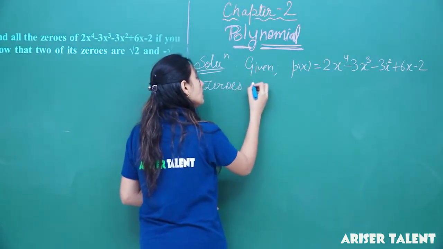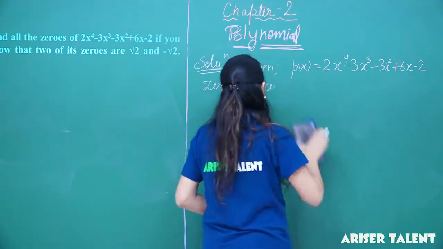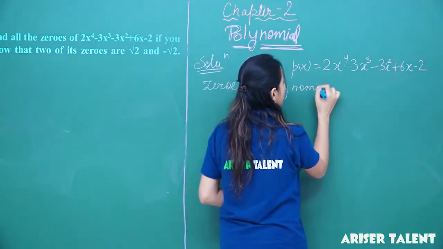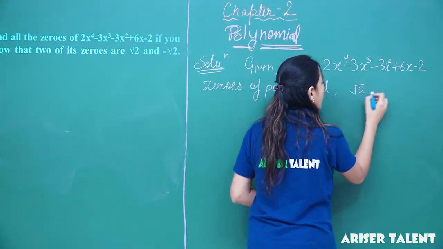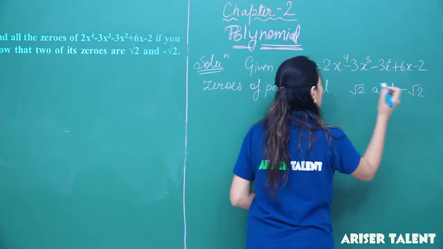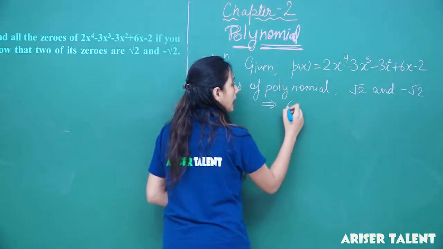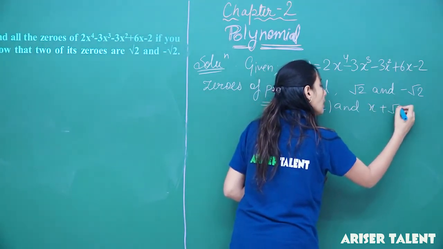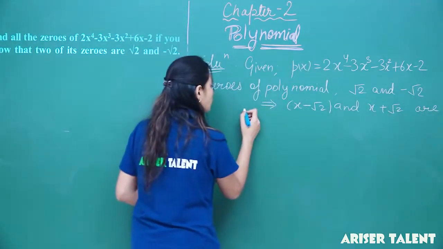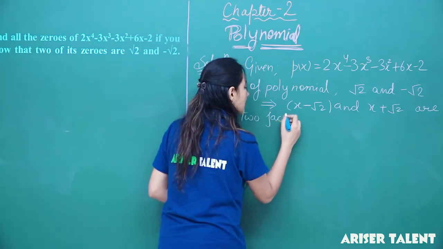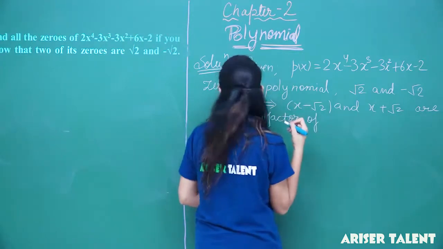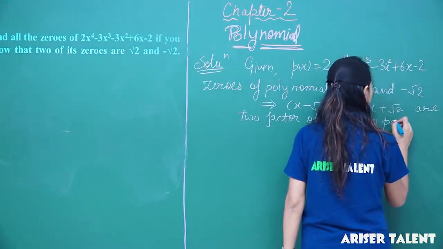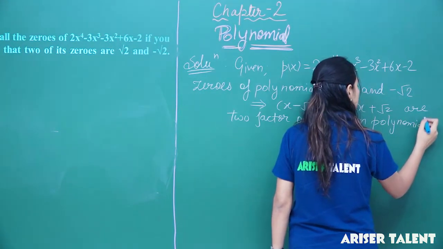Zeros of polynomial: root 2 and minus root 2 implies that x minus root 2 and x plus root 2 are two factors of this given polynomial. Write this.